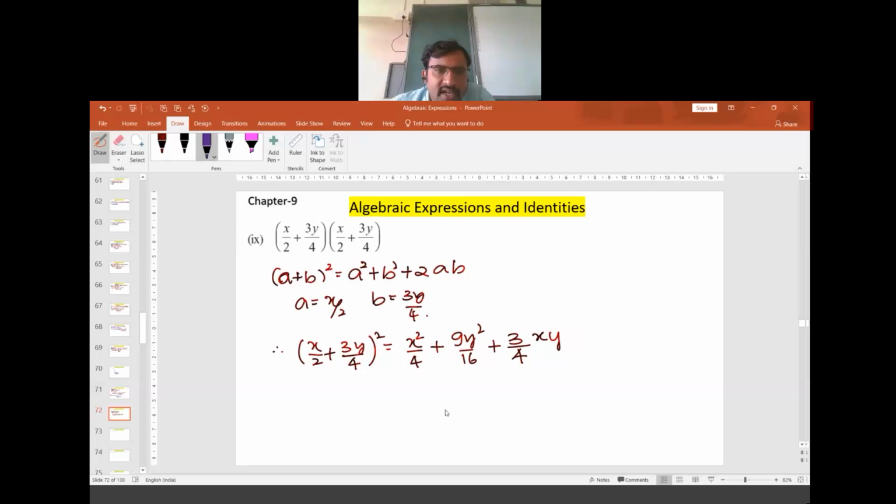I'll just write the 2ab term. It is 2 times of a, which is x by 2, times b, which is 3y by 4. The 2 gets cancelled. What remains is the product, 3xy by 8. Is this correct? Yes, it's correct.